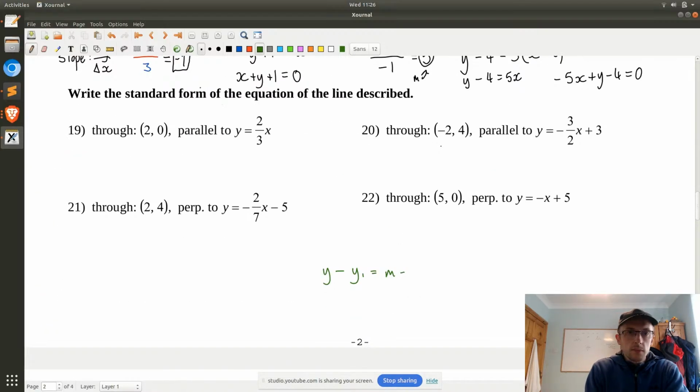There, got it back. Remember that x1, y1, that stands for the point that your line passes through. Okay? So in this particular case up here, x1 is 2, y1 is 0. Okay, so we just pick up those numbers and put them in their spots.